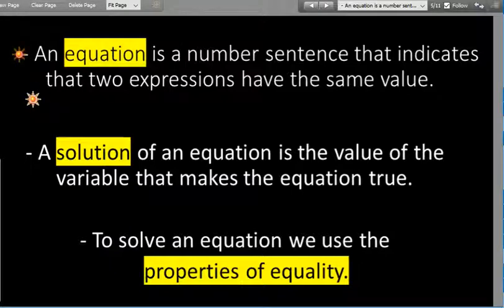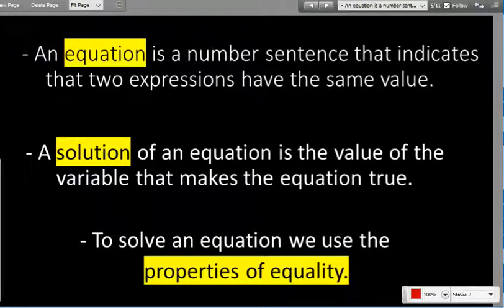The first definition that we are going to talk about is the definition of an equation. An equation is a number sentence that indicates that two expressions have the same value. Okay? It's important to realize that equations always have equal signs. Always.